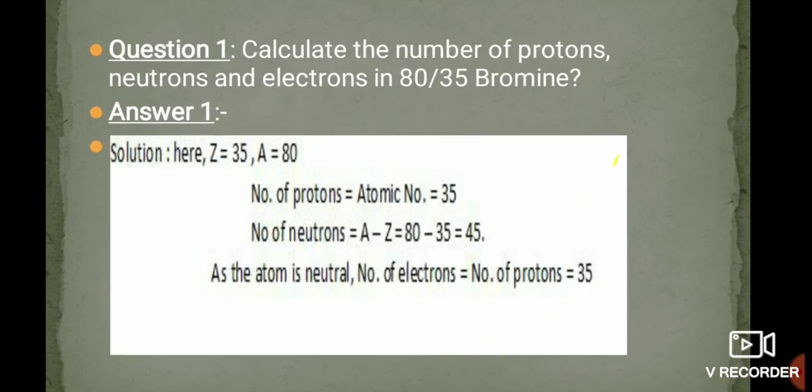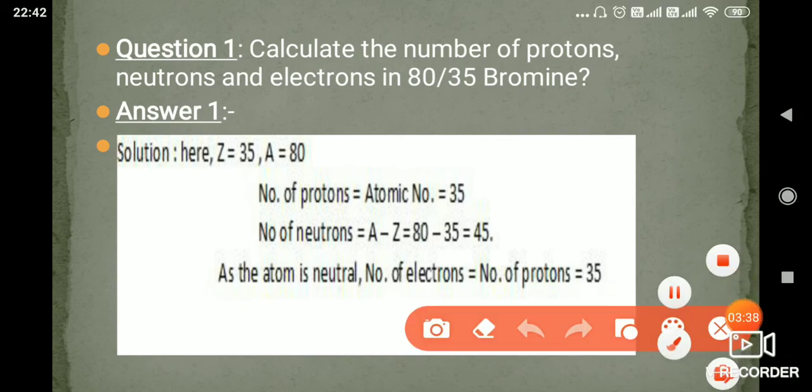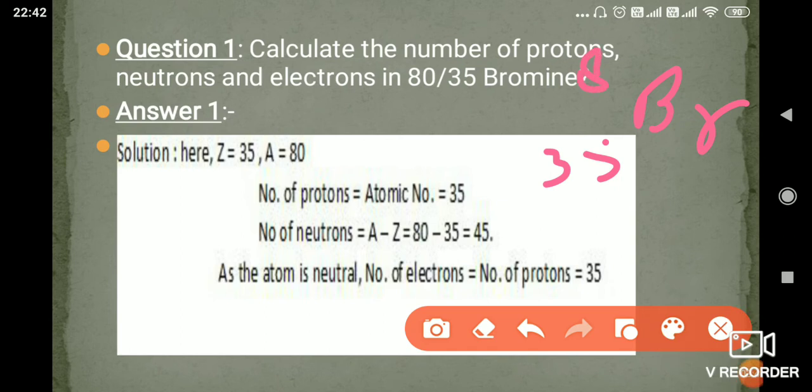There is a question given: calculate the number of protons, neutrons and electrons in bromine 80 by 35. This is written as 35Br80, where 35 is the atomic number, denoted by Z, and 80 is the atomic mass, or the mass number, that is capital A. So Z equals 35, A equals 80, and we know the atomic number represents the total number of protons.